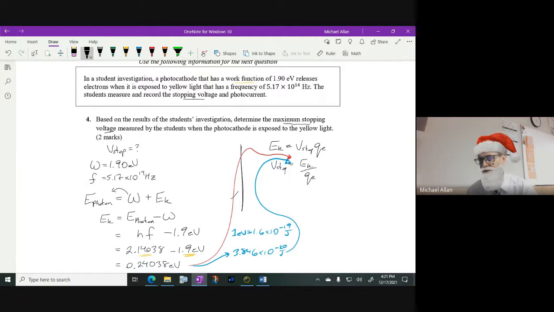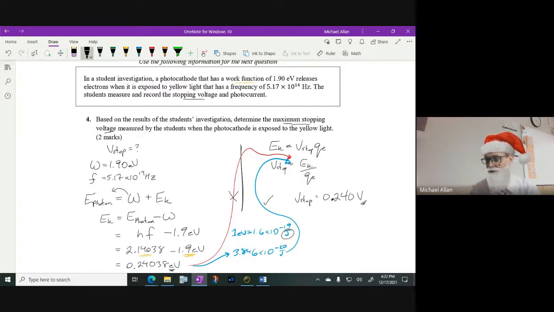So this way's wrong, this one's right. I'm going to take this V stop, take this number here, divide it by Q, and get that exact same number out, but with a different unit. Here it's electron volts, so this means energy, and here it's a potential difference. It ends up being the same because really it's just multiplying by 1.6 times 10 to the negative 19, and then up here you're just dividing by the same number, but it's a different unit.